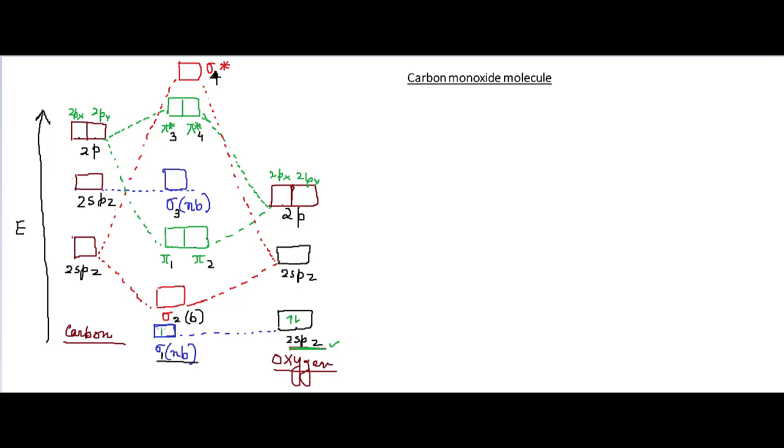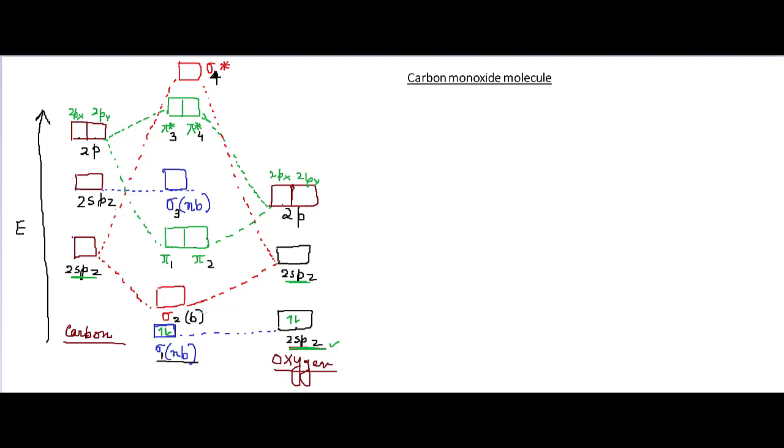And it will again generate these 2 electrons in its non-bonding molecular orbital. Okay, now coming to the 2spz high energy hybridized orbital of oxygen and the 2spz low energy hybridized orbital of carbon. So these two, 2spz of carbon and 2spz of oxygen.